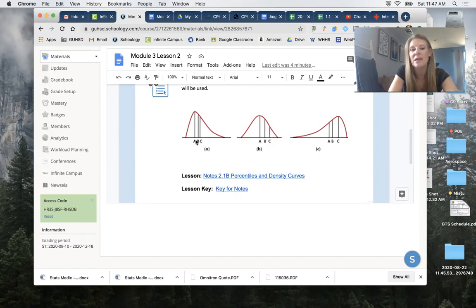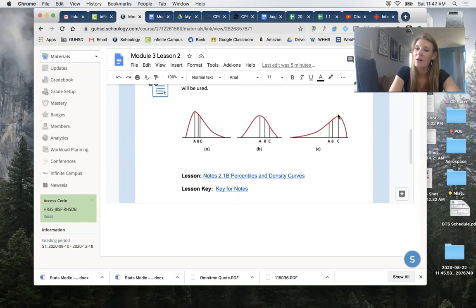B would be our median, and C, because this is a skewed to the right distribution, then that means that our mean is pulled to the right. It's pulled to the right, which would be the higher numbers. If you're thinking of a number line, the higher numbers are on the right. So in this one, my mean would actually be higher than our median. So C would be the mean.